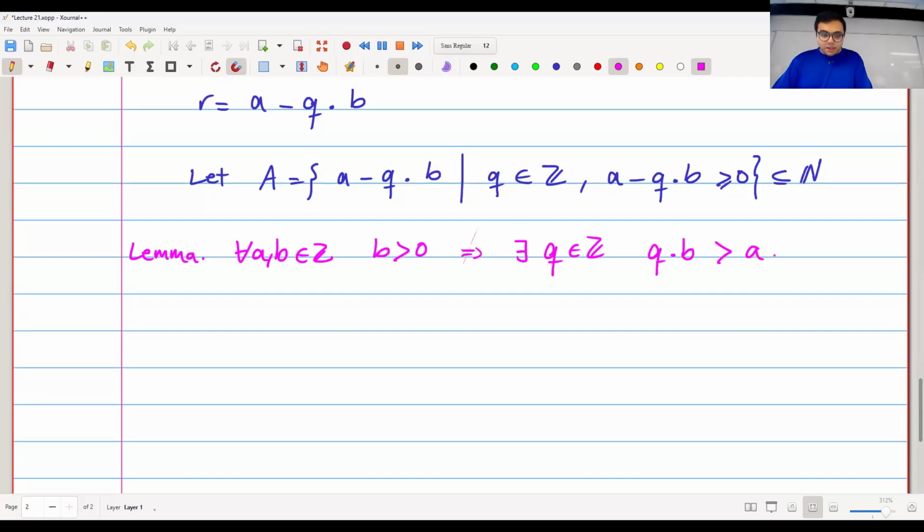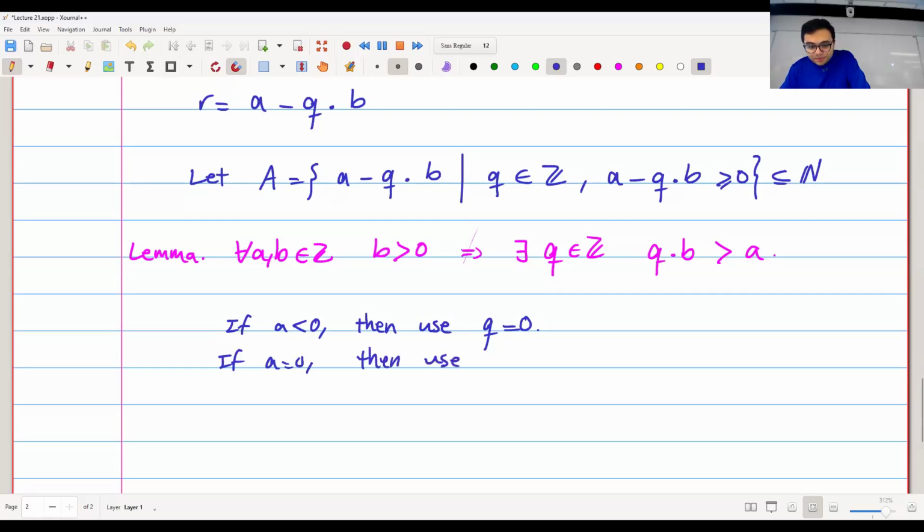Okay, so first case, if A is negative, then use Q equal to 0. Then if A is 0, use Q equal to 1. The interesting case is when A is greater than 0.